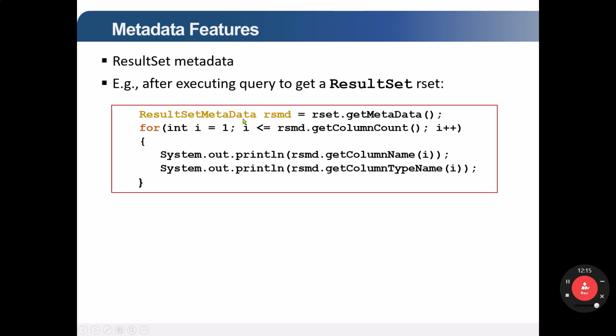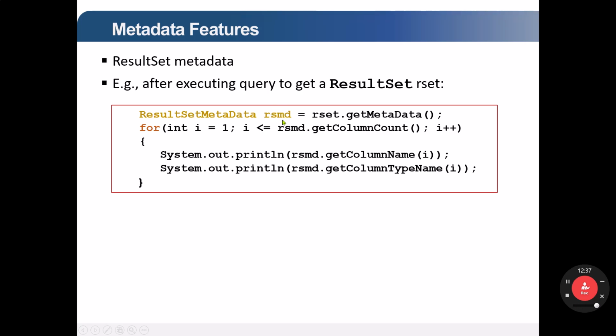So to get this ResultSetMetaData, you need to obtain the ResultSet type variable rset from the executeUpdate statement or executeQuery statement. And then you call the getMetaData method using that rset variable. Then this metadata reference will be returned.